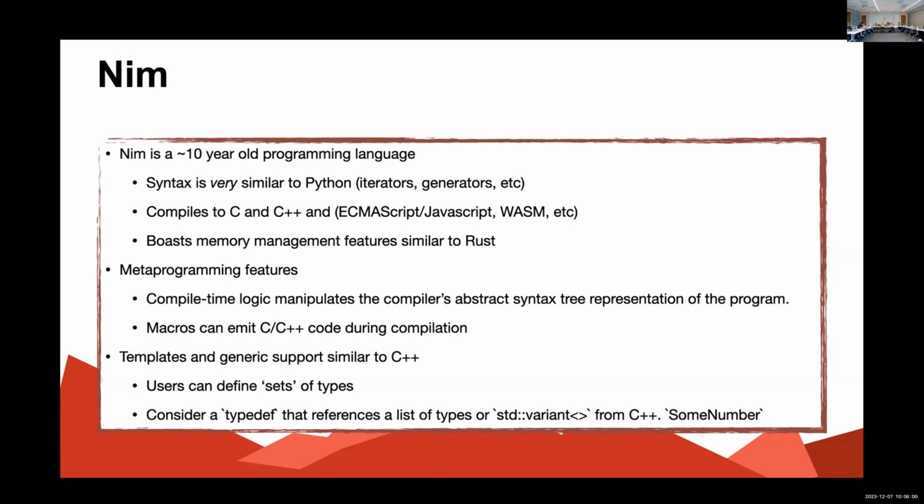Compile time logic can be manipulated using what they call a macro system, and so it works a little bit like Rust in that when I define a macro at compile time, the macro gets access to the program syntax tree, and I can create new subtrees of a user's AST.